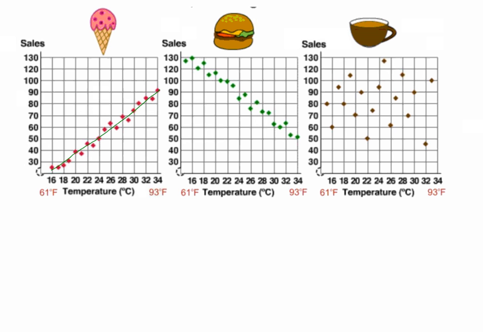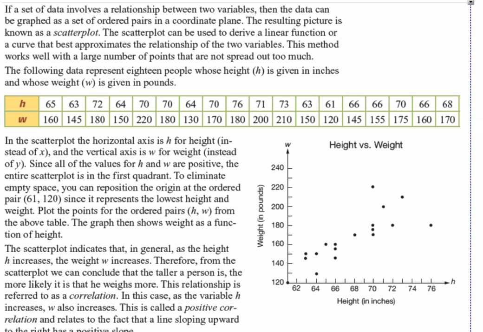In the second one, the correlation was strong. And again, you can come up with a line to represent the data. In the third one, the correlation is very weak, and who knows where you'd stick a line. There's no good correlation. In this example, the correlation is not extremely strong, but there is a correlation.